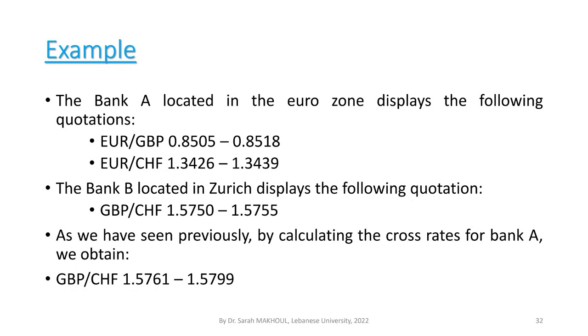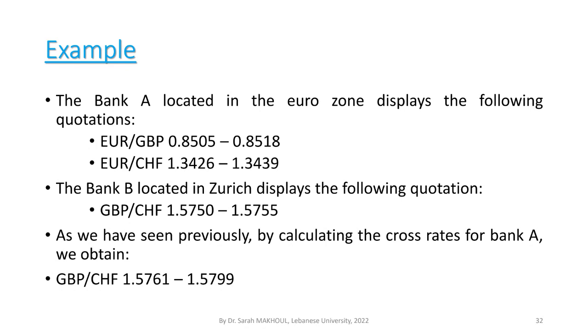After doing the cross calculation of bank A, we have noticed that the bid price and the ask price for English pound and Swiss franc are as mentioned, and we know now the bid price and the ask price for the prices shown by bank B located in Zurich.